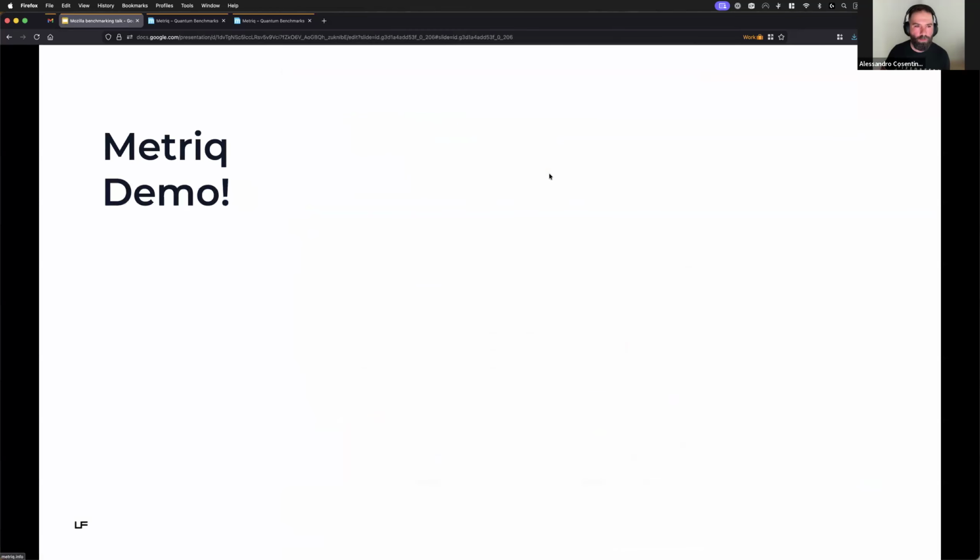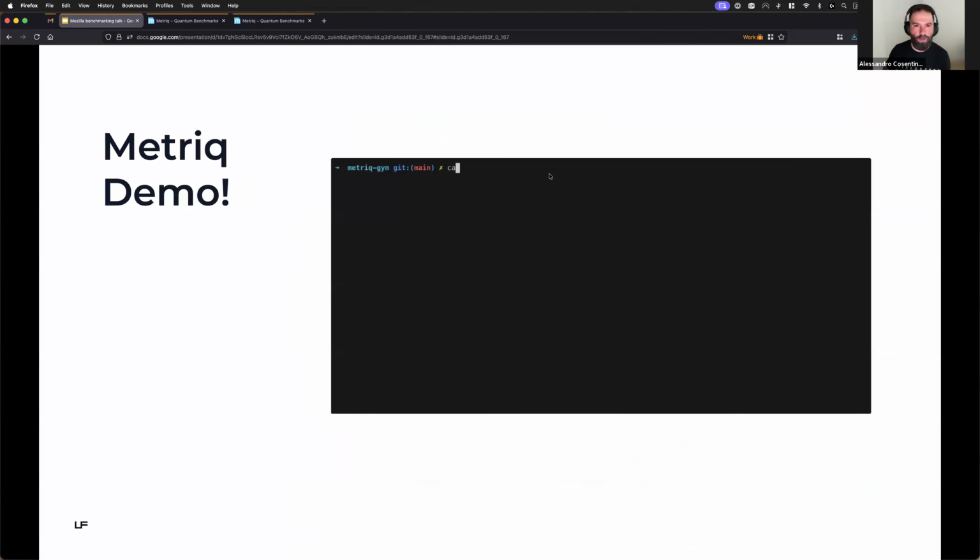So I will skip the live demo because we are running out of time, but you can see a screencast here. This is how the benchmark parameters are defined. It's simply a JSON file, in this case, 3 lines. Then you run the CLI command to dispatch the job.